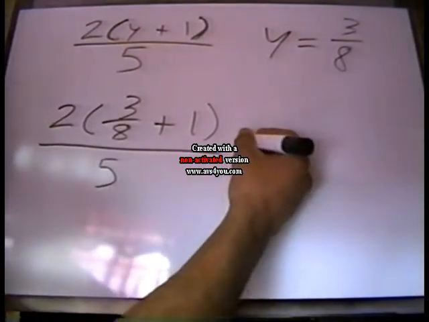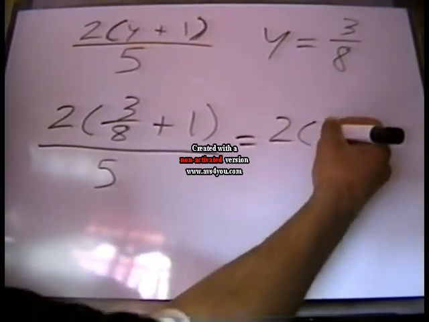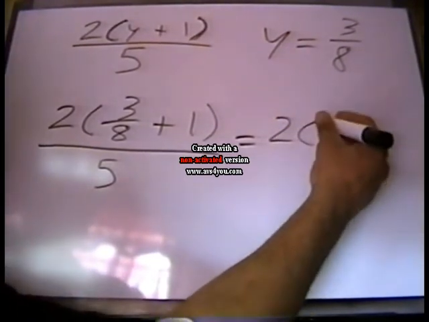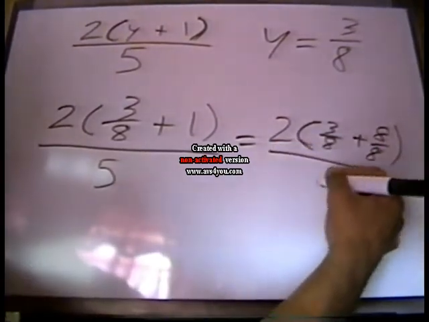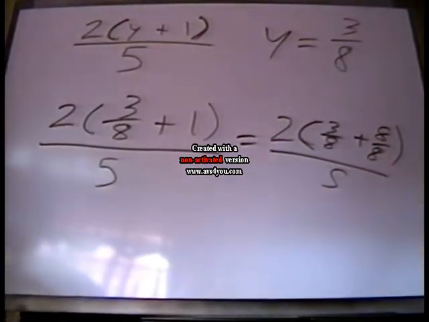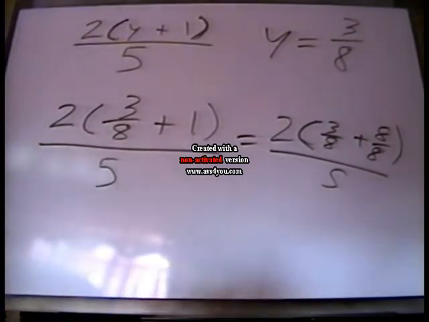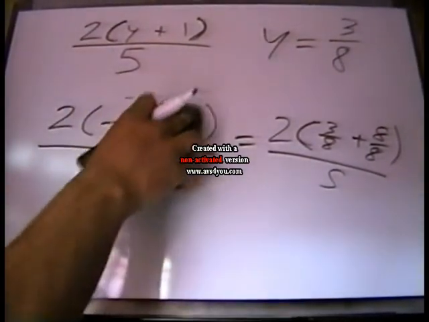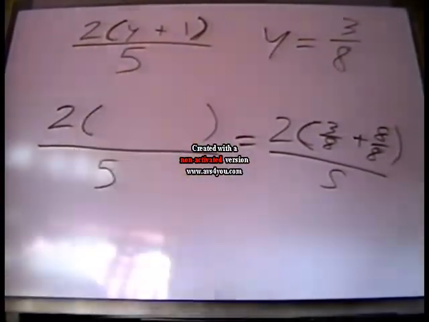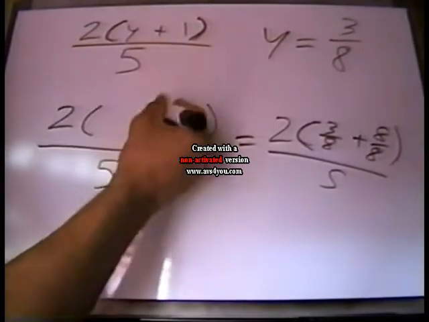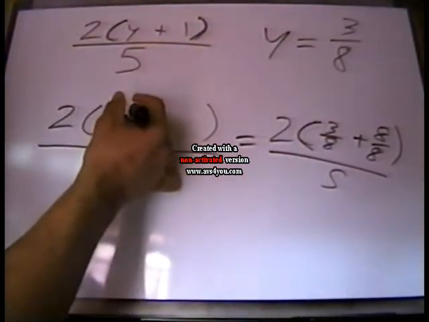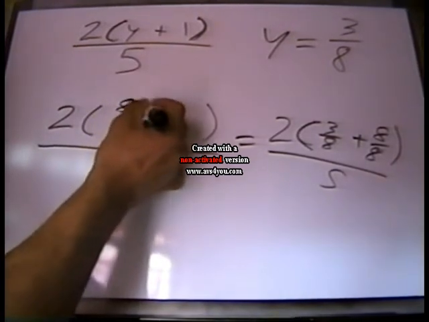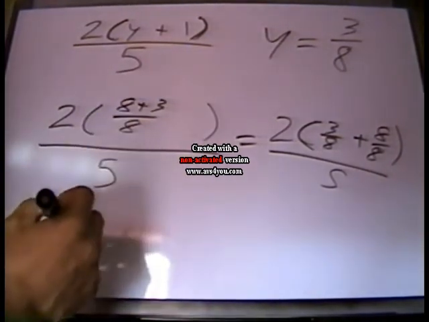So make that 2 by 3/8 plus 8 over 8, over 5. Okay. Write this over again. Don't erase. Write it again. That's going to become 8 plus 3 over 8. Right?